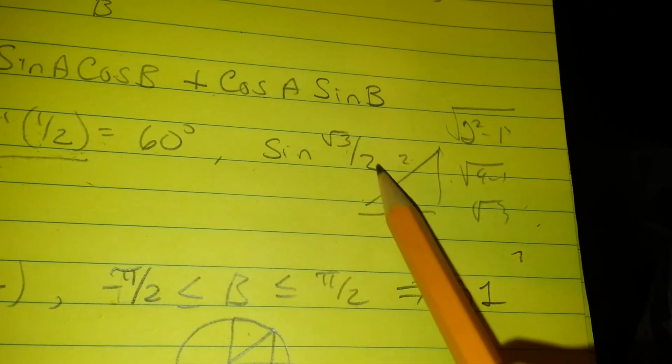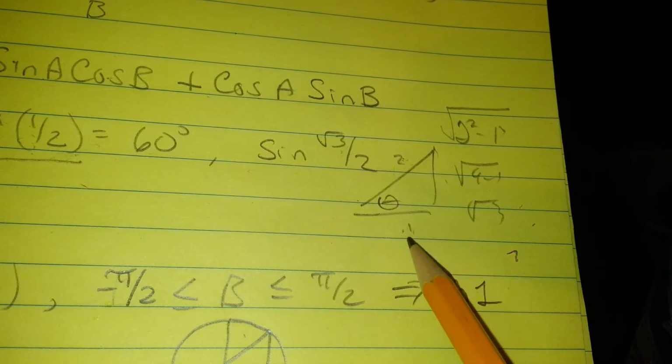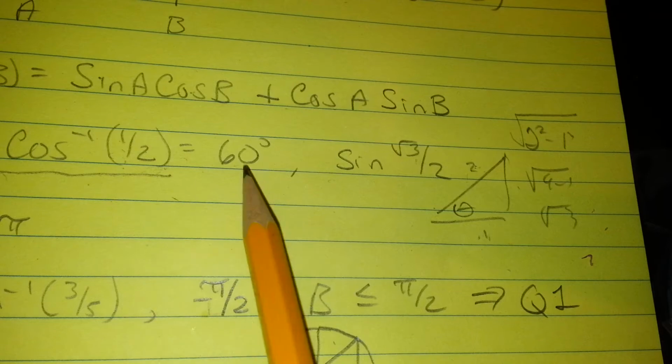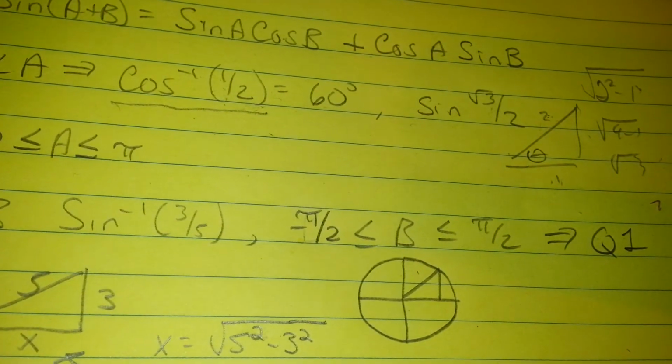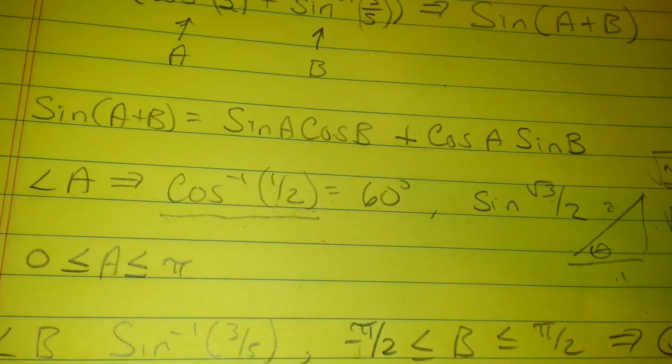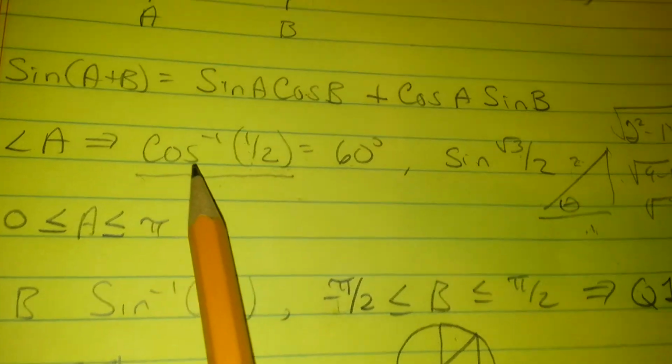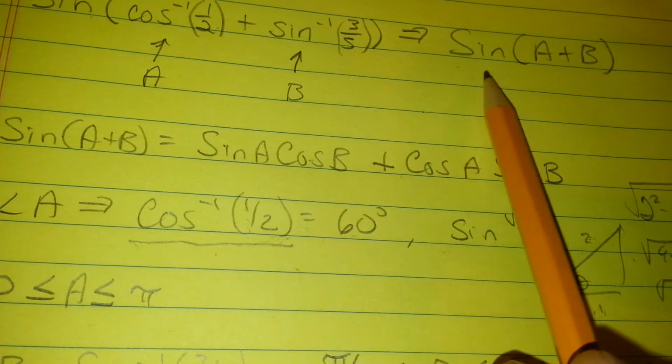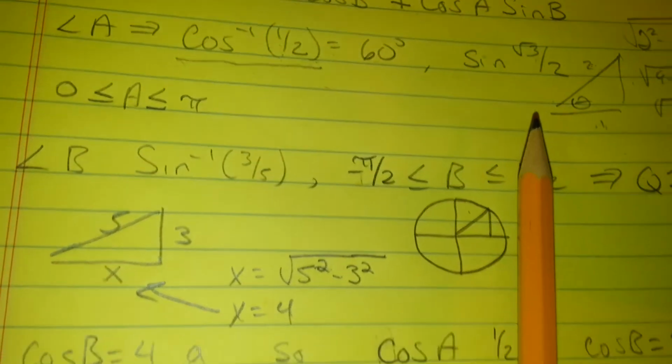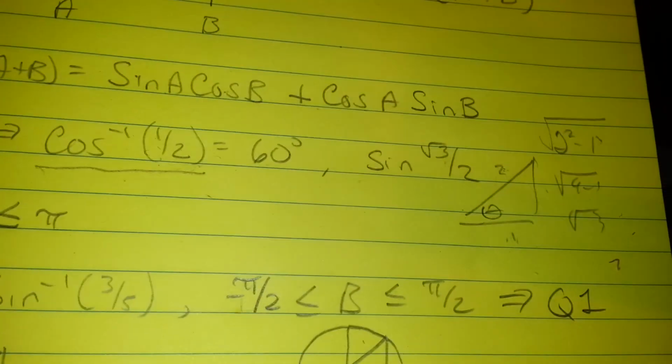Notice if I did this right triangle with the 2 and 1, 1/2 is the cosine, adjacent over hypotenuse. I didn't even need to know 60 degrees. But anyway, we did. So we've got sine and cosine now for A. Now we just need to find it for B.